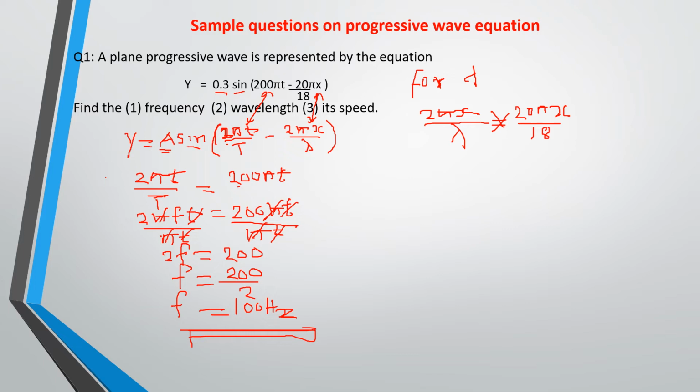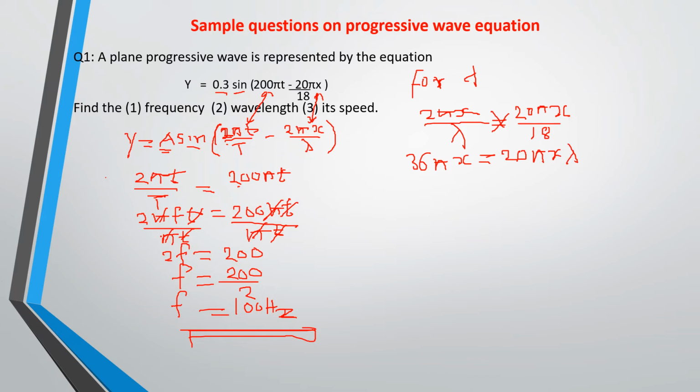Okay, so when you do your cross multiplication, you are going to have 36 pi x equals 20 pi x lambda. So pi x can actually cancel.